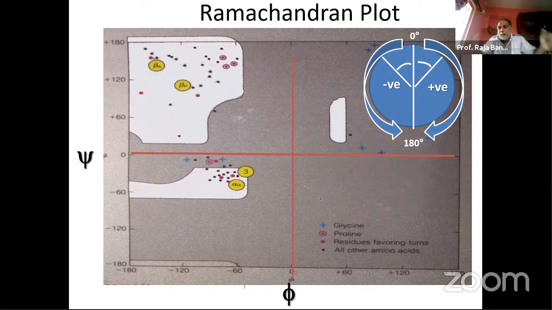And I have a paper in 2009 in Proteins where this is the first time we explained this from the concept of the Ramachandran plot. Initially it was said that alpha helix and random coil is a two-state transition. But no, it is not a two-state transition.